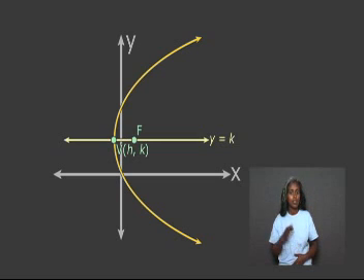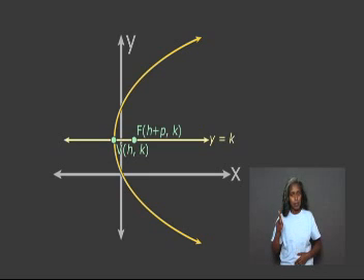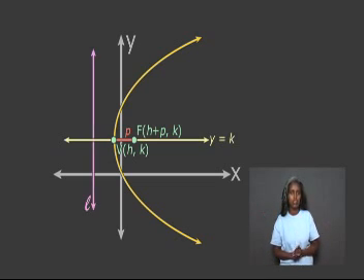F is located at (h plus p, k). p is the focal length. It is the distance from the vertex to the focus. L is a line called the directrix of the parabola. The directrix is perpendicular to the axis.